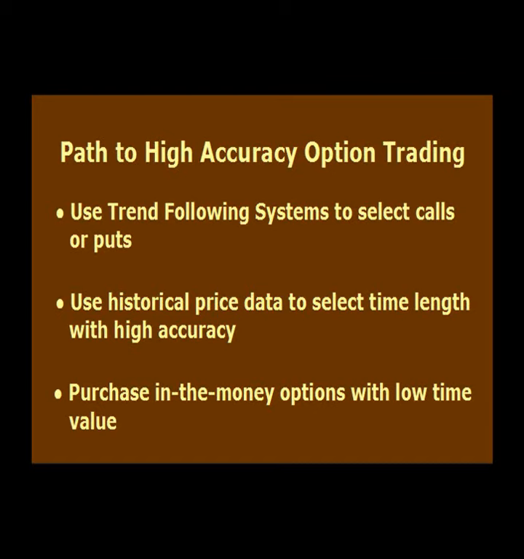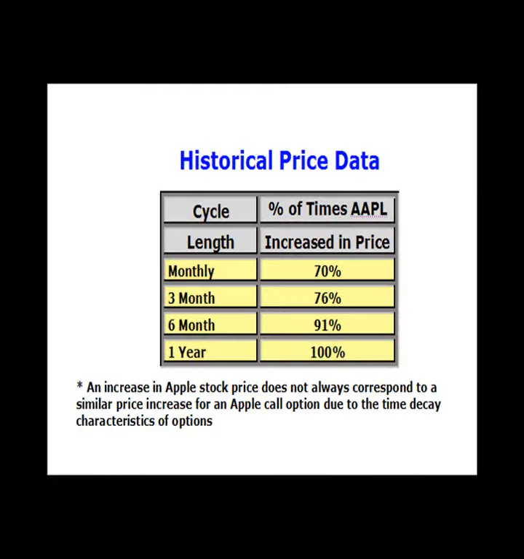Now, the goal of the option cycle strategy is to enable you to become a successful options trader by helping you understand the time length and strike price selection process that results in high accuracy and more profitable option trading. I use historical price data to measure the percentage of times a stock increases in price between option expiration dates.